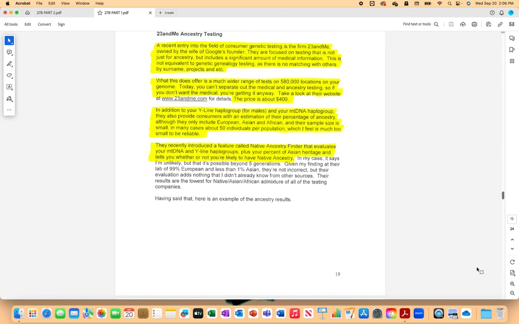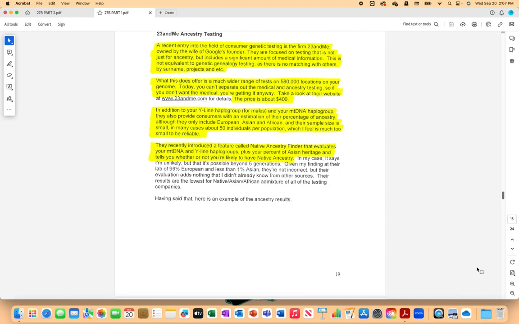In addition to your Y-line haplogroup for males and your mitochondrial DNA haplogroup, they also provide consumers with an estimation of their percentage of ancestry, although they only include European, Asian, and African, and their sample size is small. In many cases, about 50 individuals per population, which I feel is much too small to be reliable.